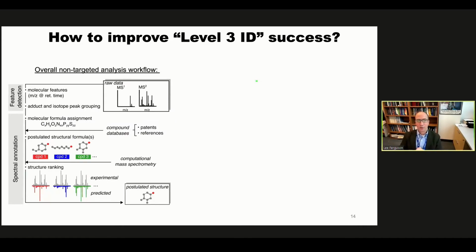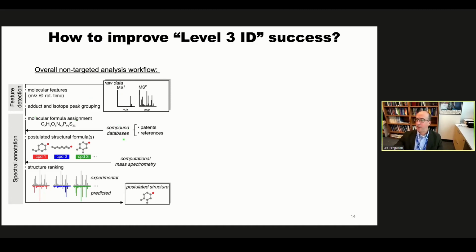So if we want to do this, we've designed an overall non-targeted analysis workflow here where we take our mass spectrometry data, our raw data right off the mass spec that includes both MS as well as tandem MS data. We use this to consolidate and annotate a molecular formula. We assign a molecular formula for this data.